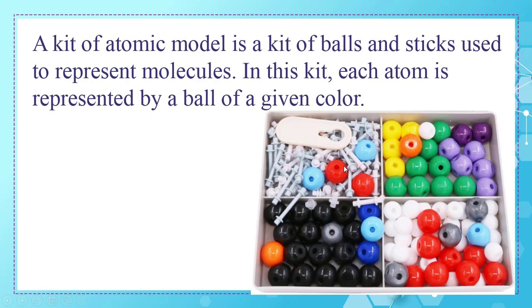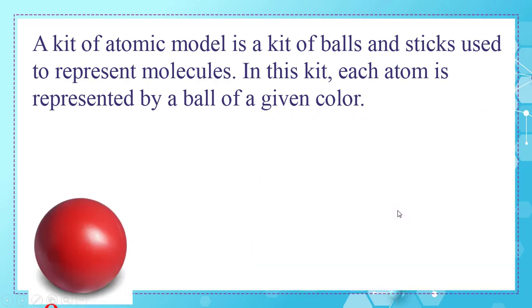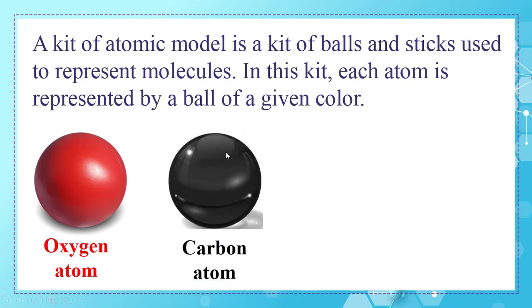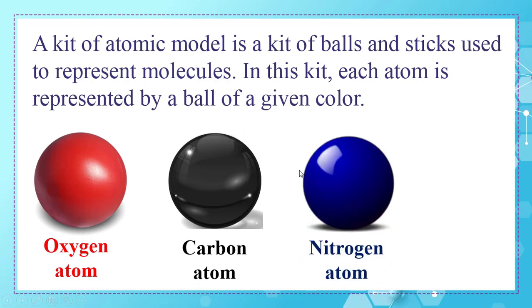In this kit, each atom is represented by a ball of a given color. The red ball represents the oxygen atom. The black ball represents carbon atom. The blue ball represents nitrogen atom, while the white ball represents hydrogen atom.